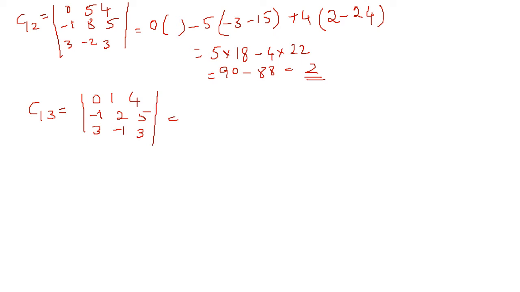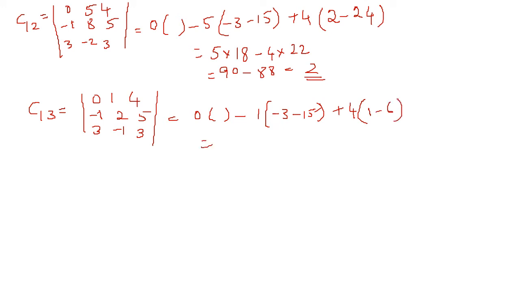So it is equal to 0 into something will be equal to 0 minus 1 into 1 into 3 and it is minus, so minus 3 minus 15 plus 4 into 1 into 1 is 1, 3 twos are 6 and it is minus.